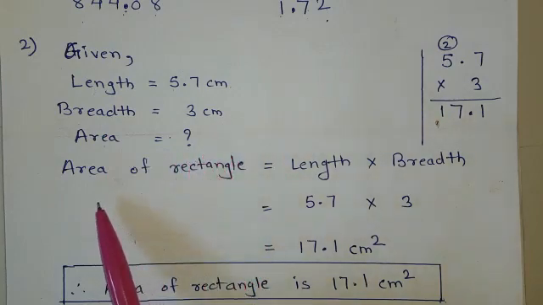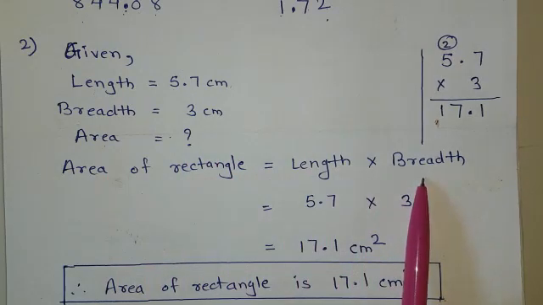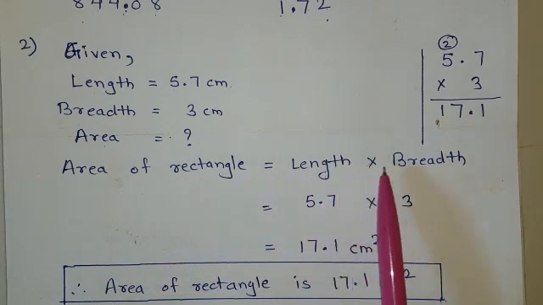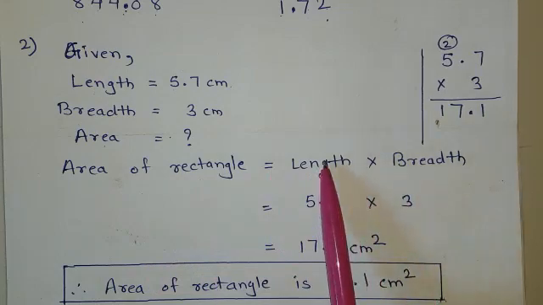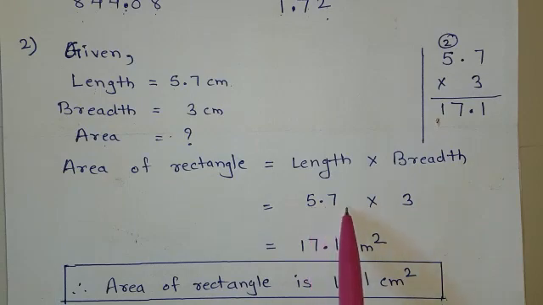Now we know the area of a rectangle is equal to length into breadth. This formula we have learned. So area of rectangle is equal to length into breadth. Now we know the length, so I have written 5.7 below the length, into the breadth, that is 3. So we have to multiply 5.7 by 3.